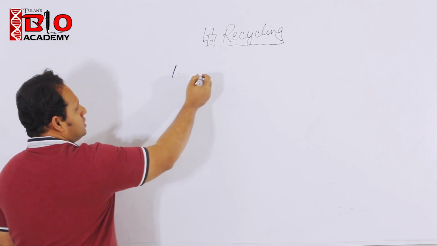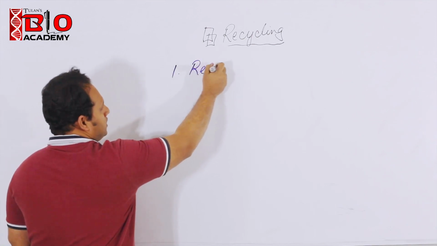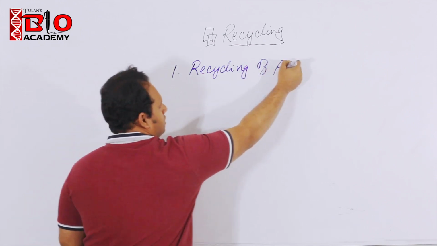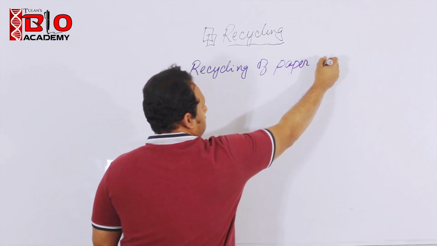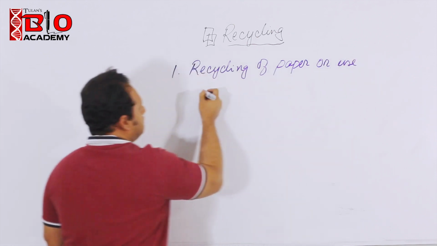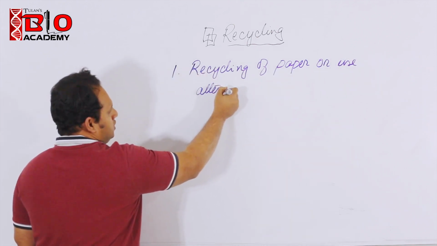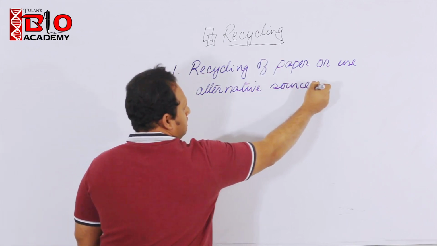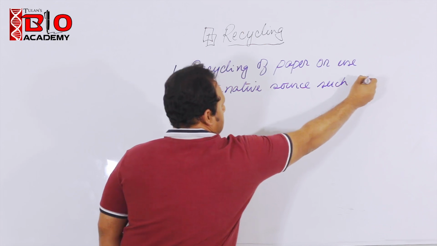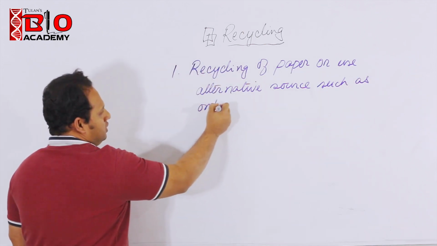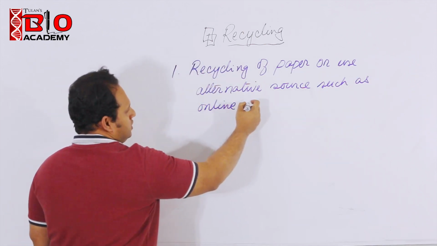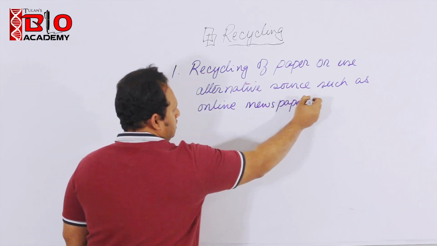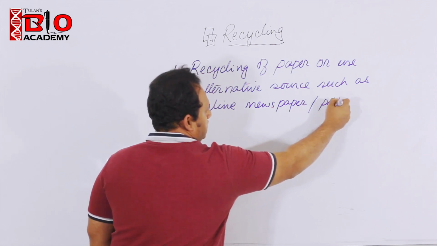What the 3 things are: recycling of paper, or use of an alternative source such as online newspaper or PDF of books.